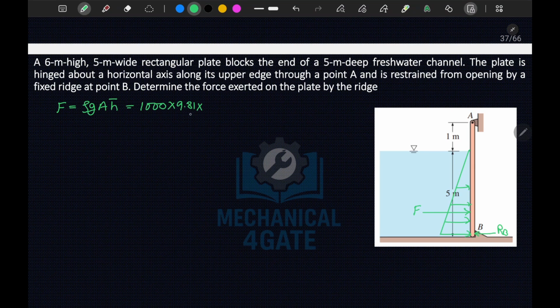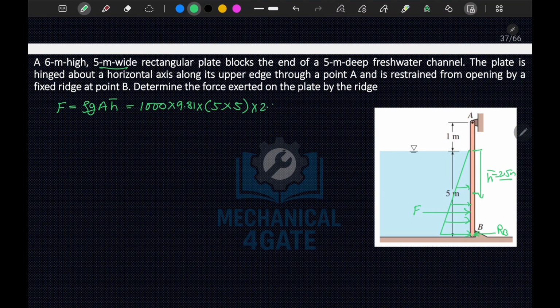The area of the hydrostatic action is 5 meter by 5 meter wide, so area is 5 meter into 5 meter, into h bar. H bar, from the free surface, will be 2.5 meter, half of this distance, because it is a rectangular shape, okay.